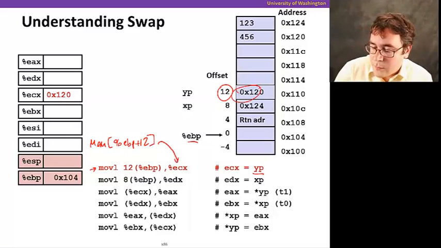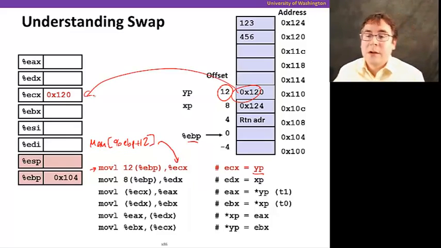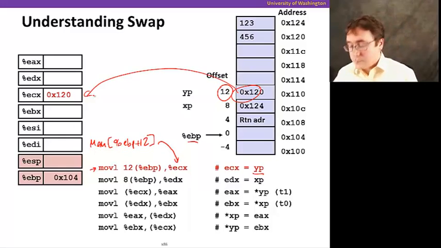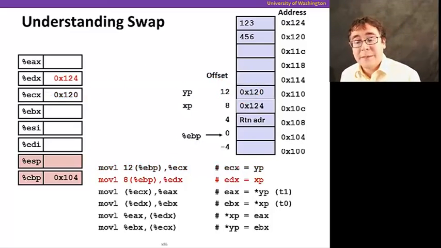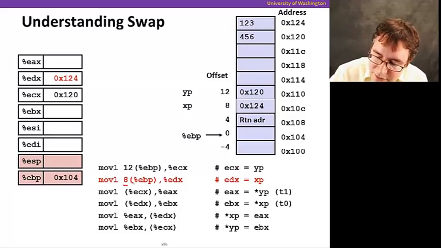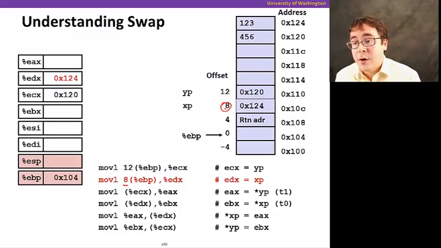So we get 120 and store it in ECX. We just got the address of YP and stored it in ECX. The same thing for XP, but now the displacement changes to 8 because XP is stored 8 bytes away from EBP. So now EDX holds 124, which is the address held by pointer XP.